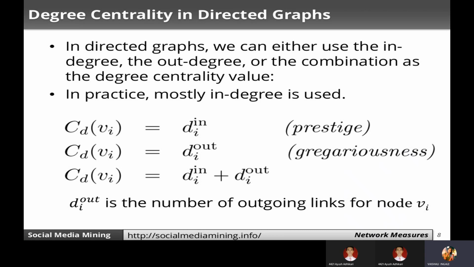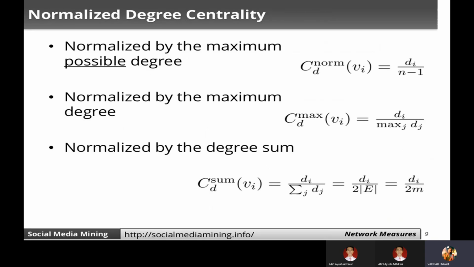I am approaching many users, and I want many users to be my friend. That will be indicated by di of out. The degree of a particular node will be the in degree plus the out degree, that is, the number of outgoing links of a particular node.